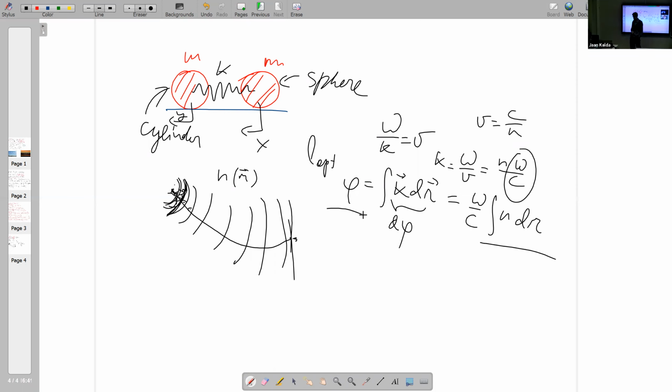And now we do the same thing for quantum mechanics. Now the phase would be kx minus omega t. And now omega is not necessarily constant, so d phi equals k dx minus omega dt.